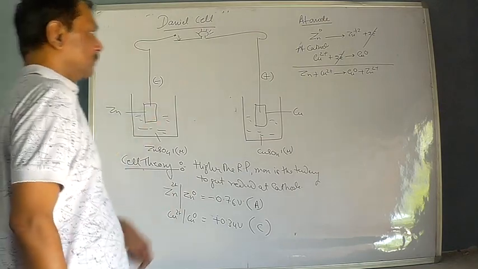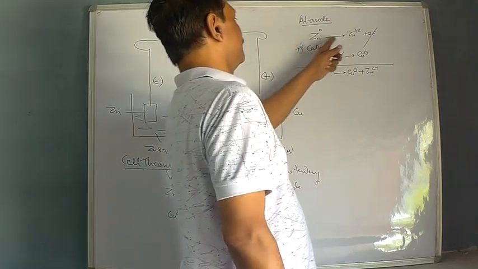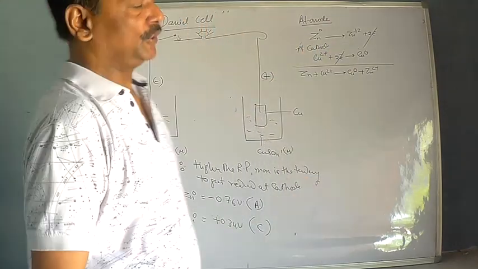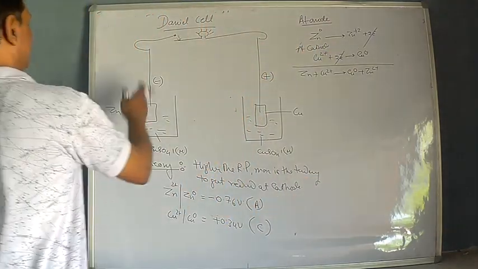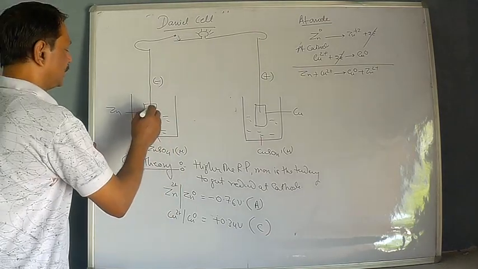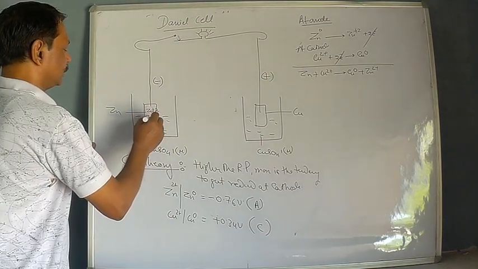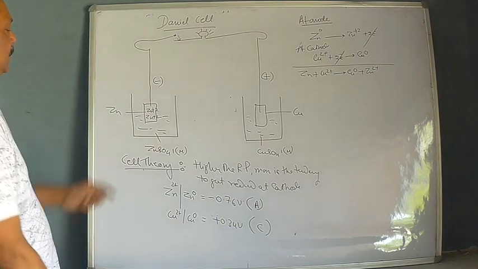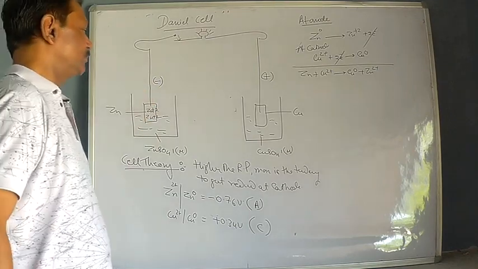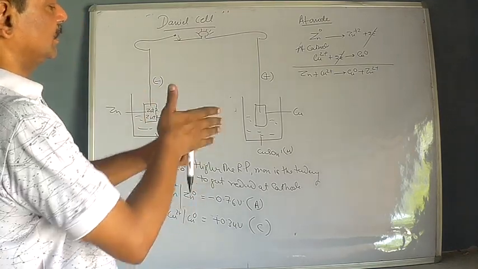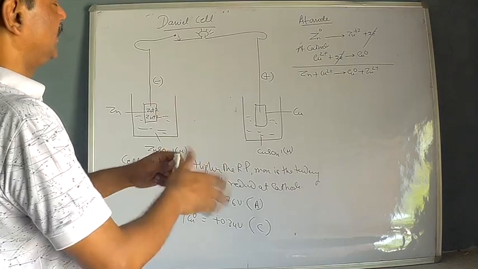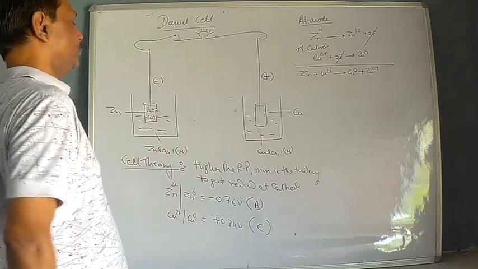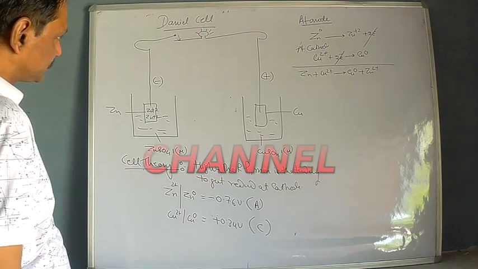What is happening at the anode? At the anode, Zn0 is getting converted to Zn2+. It is positively charged, and since the plate is negatively charged, all Zn2+ ions will get deposited on the anodic plate, and ultimately no further oxidation of the Zn plate will take place because the surface is occupied by Zn2+ ions, which are not going to be oxidized further.